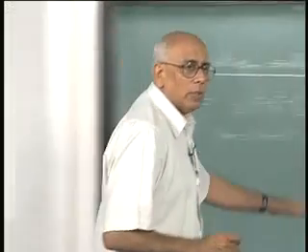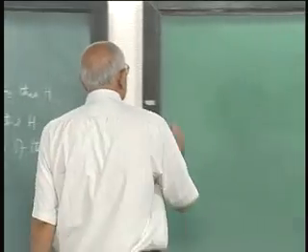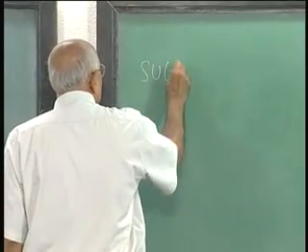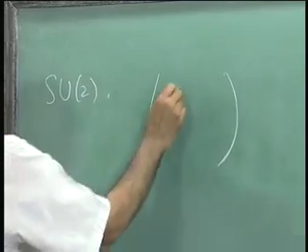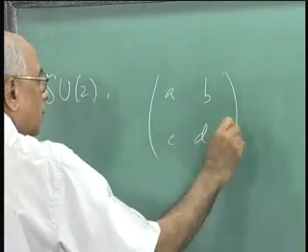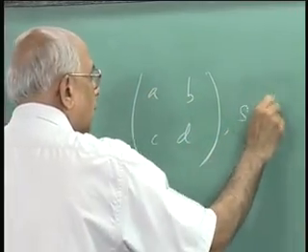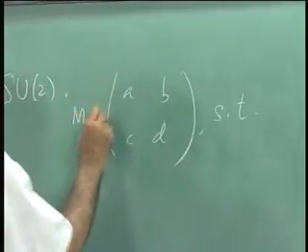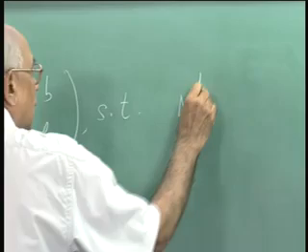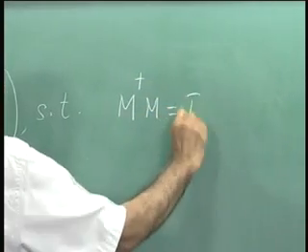Now let me say a few words about SU2 separately here. SU2 consists of all 2 by 2 matrices A, B, C, D such that, if this is a matrix M, M dagger M equal to 1.